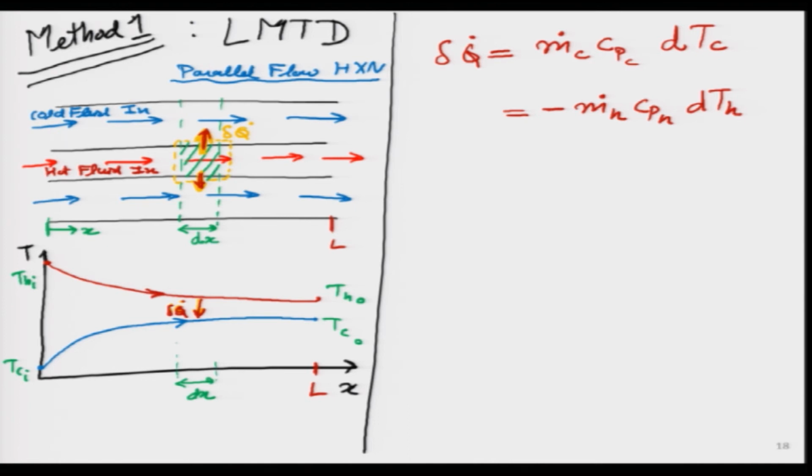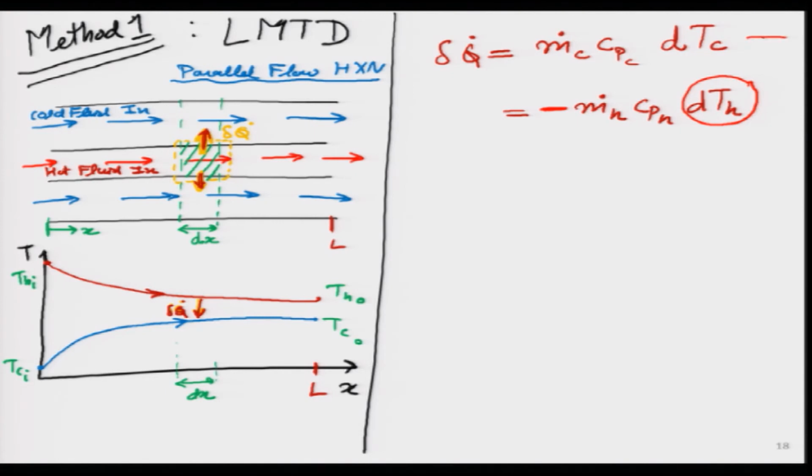And because it is heat lost, that is why I have written it with a minus sign over here. This minus is very important, because for the hot fluid the differential of temperature is negative, because the final temperature is lower than the initial temperature. For the cold fluid the differential temperature is positive, because the temperature is increasing, and they are all equal to one another. These three terms are all equal to one another, right.